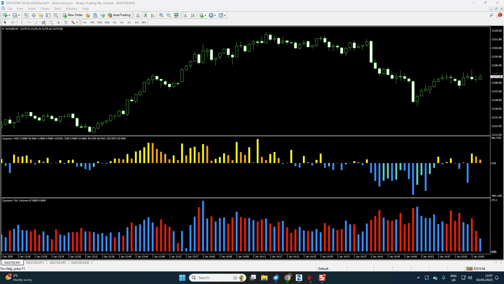So here what we're looking at is a single time frame with the upper level being our VRSI indicator, and the level at the bottom is simply our regular volume, by which we interpret the volume price analysis signals.